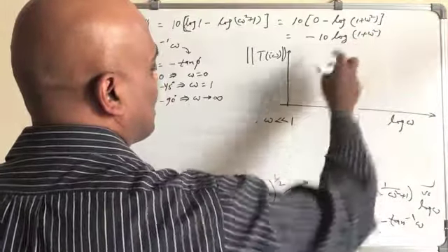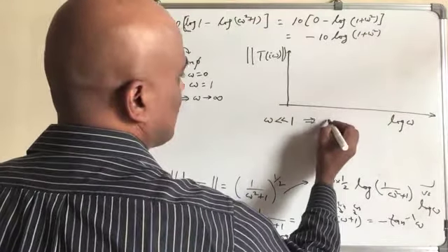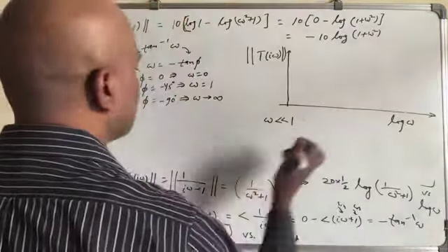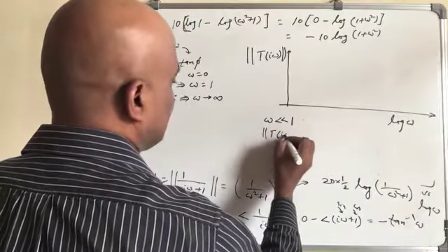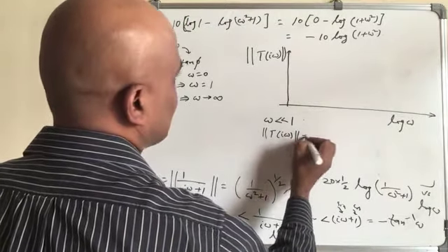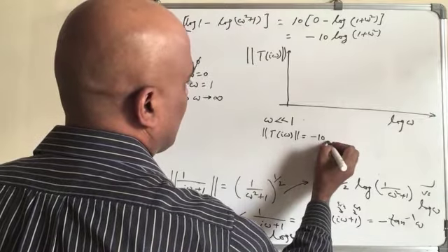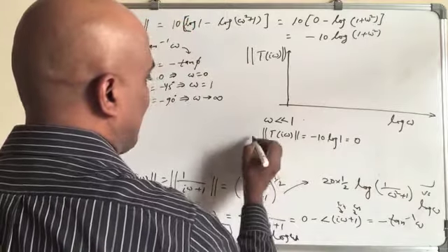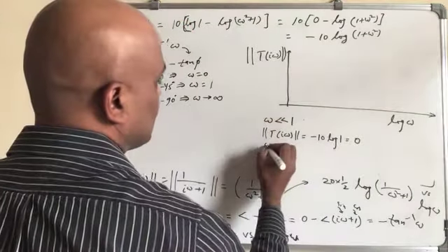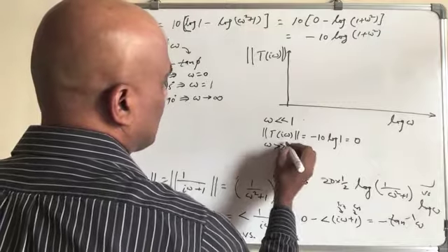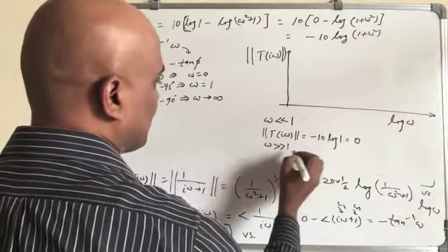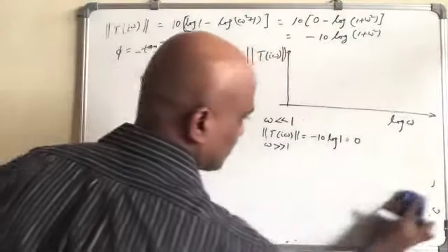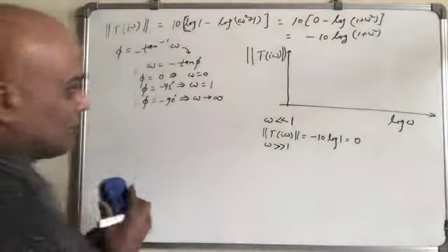In that case, what happens? That time Ti omega will be equal to simply minus 10 log 1, which is equal to 0. And when omega is very, very much larger than 1, then what we get?